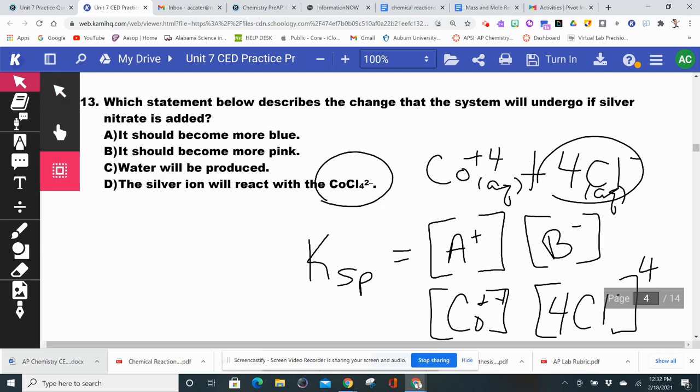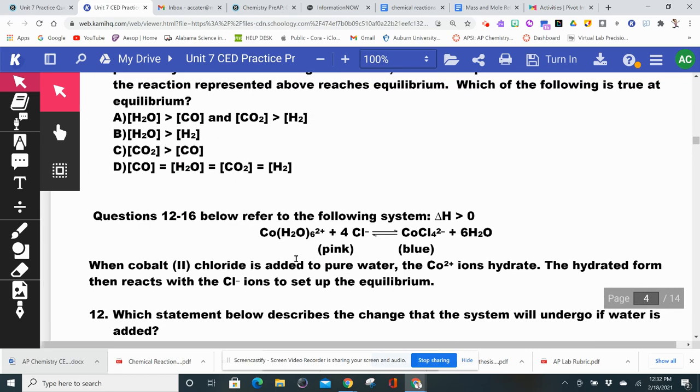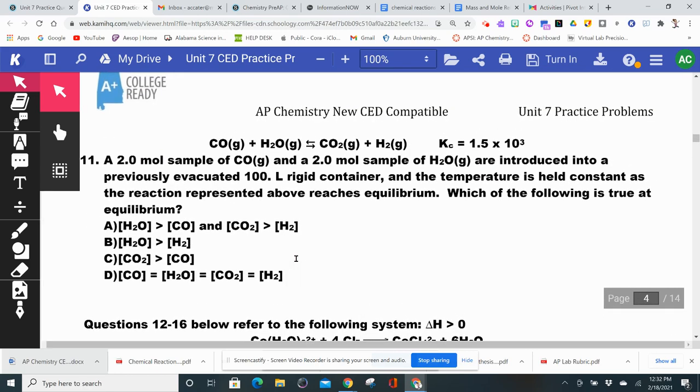Okay. Let's see. All right, number 11. A 2 mole sample of carbon monoxide and a 2 mole sample of water are introduced in a previously evacuated 100-liter rigid container. The temperature is held constant as the reaction represented above reaches equilibrium.